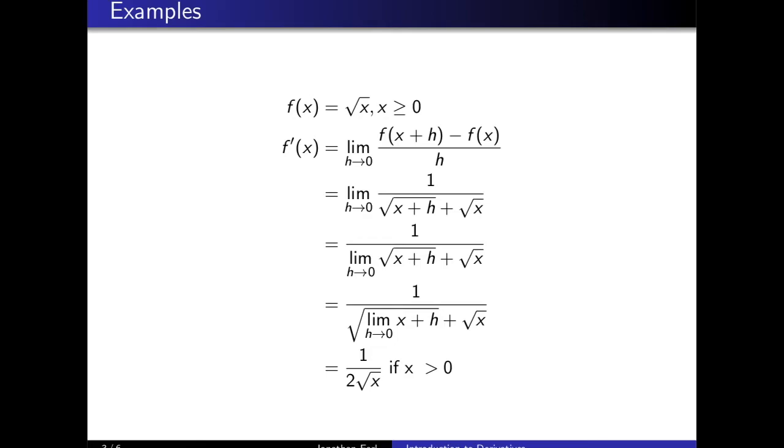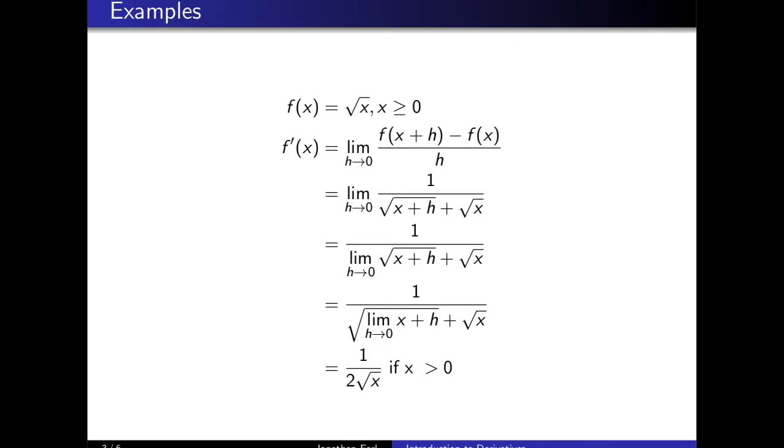Okay, so now we'll say we have x values that are positive, because again, we're only assuming that we're dealing with non-negative x values. So if you have a positive x value, then our denominator won't be going to 0 as h goes to 0, so that's good. Then we can use our quotient rule to say we have 1 over the limit as h goes to 0 of square root of x plus h plus square root of x. Then we can use our sum followed by the power rule to switch the order of the square root and the limit, because again the x plus h will be something positive as h goes to 0, because we're assuming x is positive in this case.